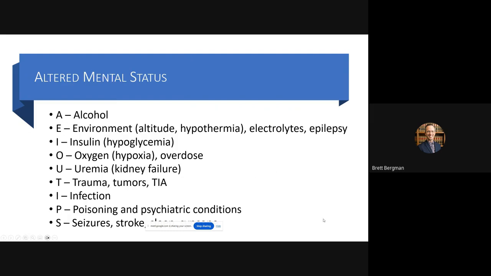The list of things that cause altered mental status is the AEIOU-TIPS acronym. And it is just a whole host of things that we may run into that is causing someone to be altered. The point of this slide is really that there are a large amount of medical conditions that can cause someone to have altered mental status.